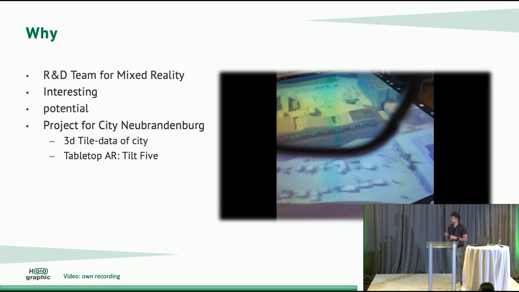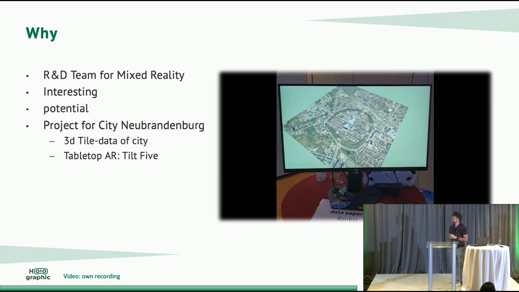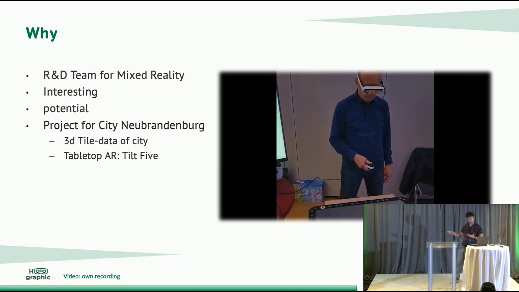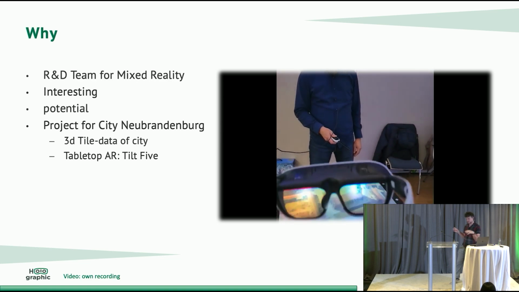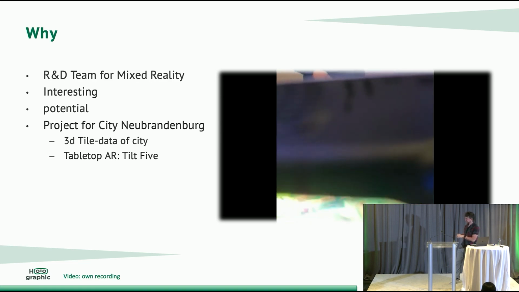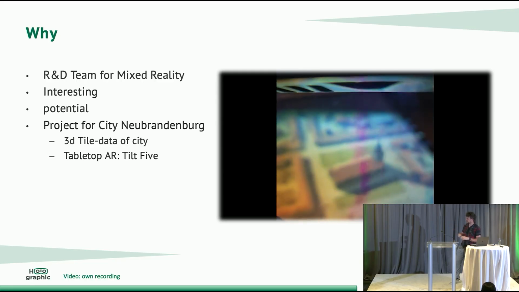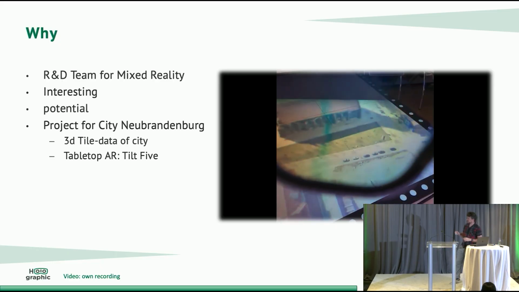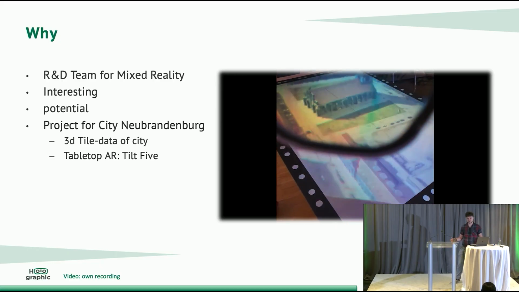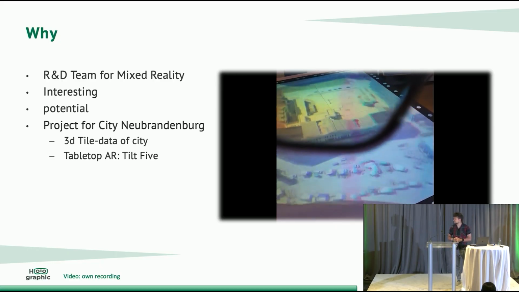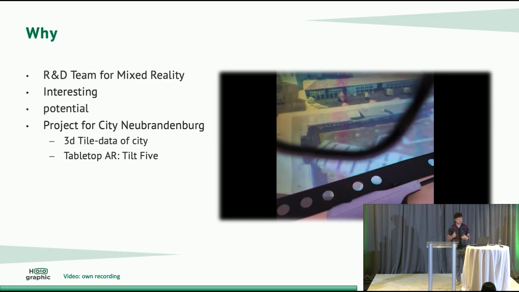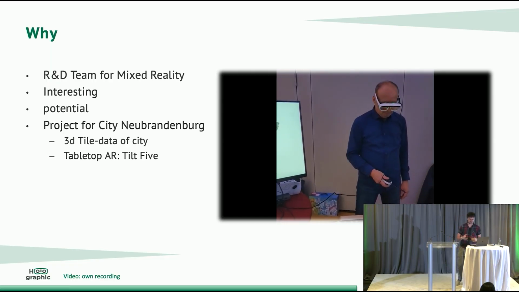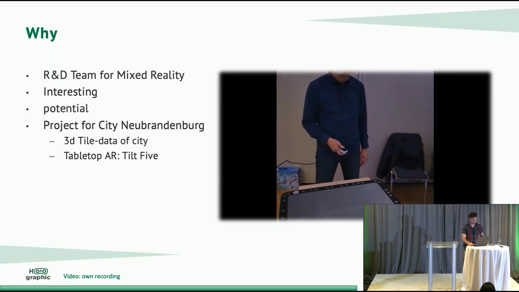And we built this app you can see here, which is a mat you can put on a table, you put on glasses, and then you can see full 3D inside this map. I tried to use my phone through the glasses to visualize it, but you have this full 3D map in front of you on the table, and we hope it evolves into a real digital twin of the city, but we are not there yet.